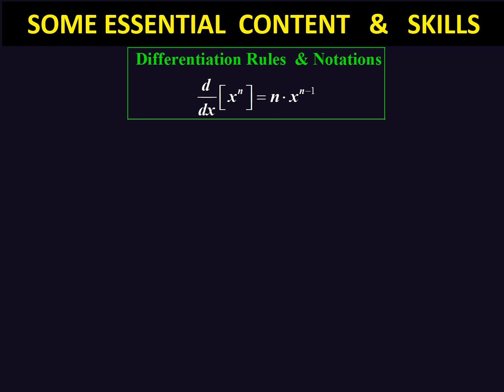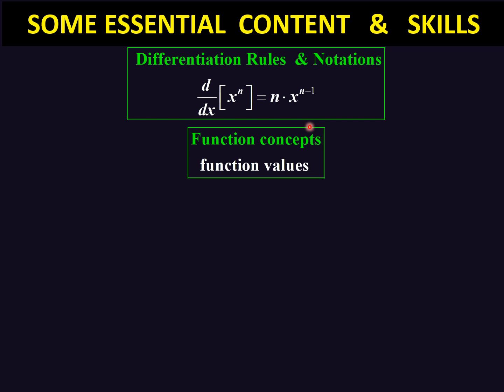As you can see here we have the d/dx notation, and I have a power, and let's differentiate that power. It becomes nx to the n minus 1. Then we're going to need some function concepts, and specifically trying to determine function values by substituting.